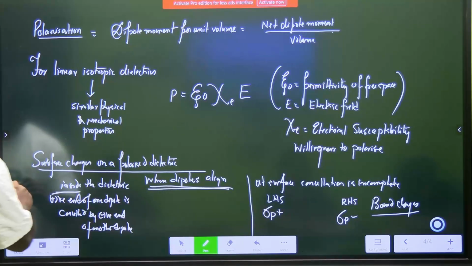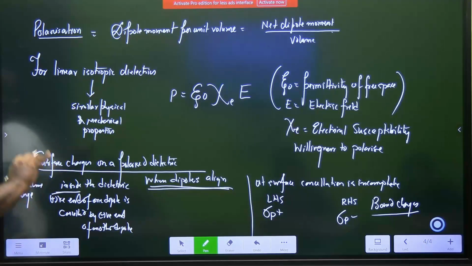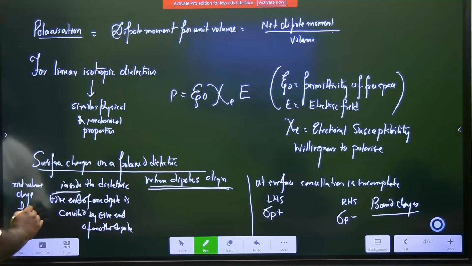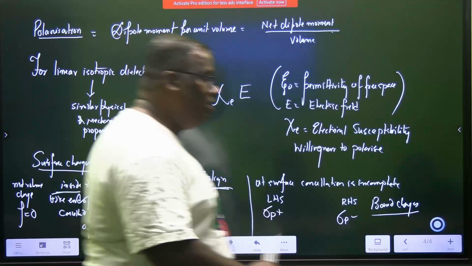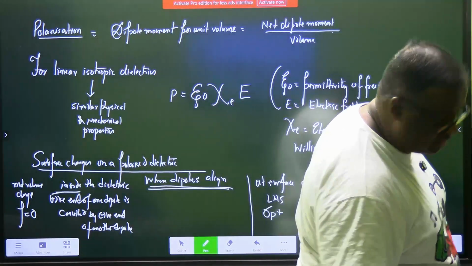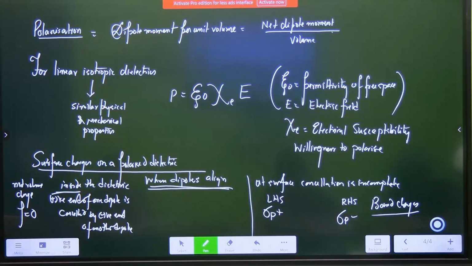Here, net volume charge. See, inside is a volume. So here we will write rho is equal to 0. There is no net volume charge. Did you understand? There were many plus and minus. Why is sir still writing them as 0? I am writing them as 0 because each plus is being cancelled by a minus inside, and so the net volume charge is 0. Please try to understand.